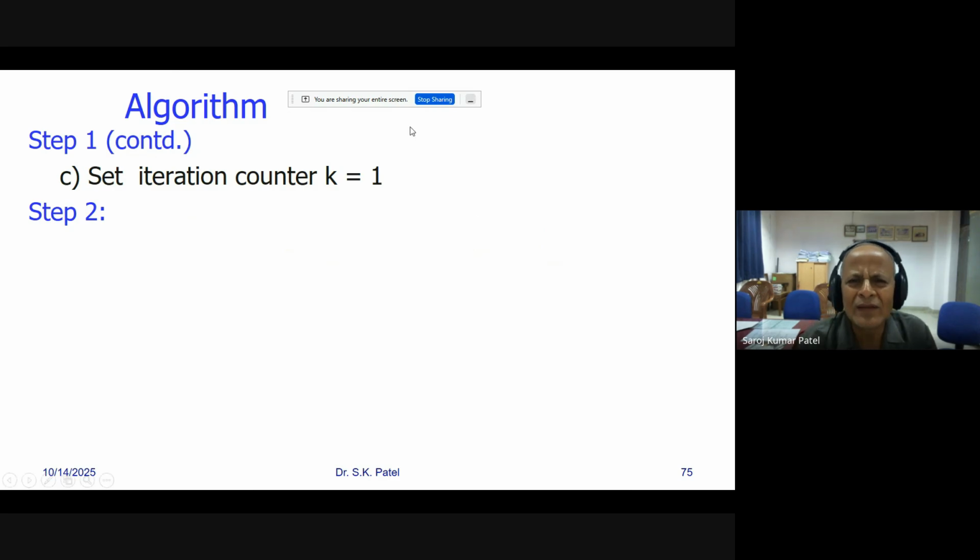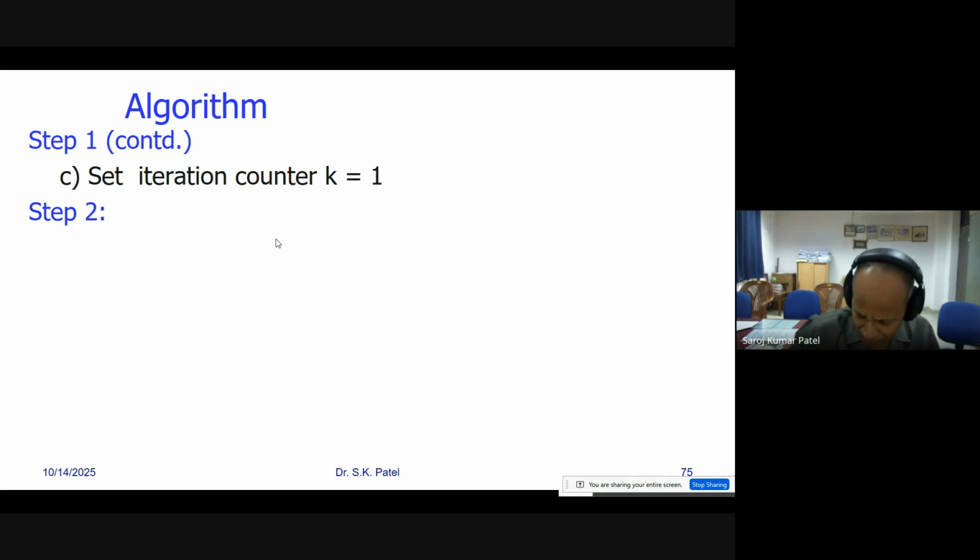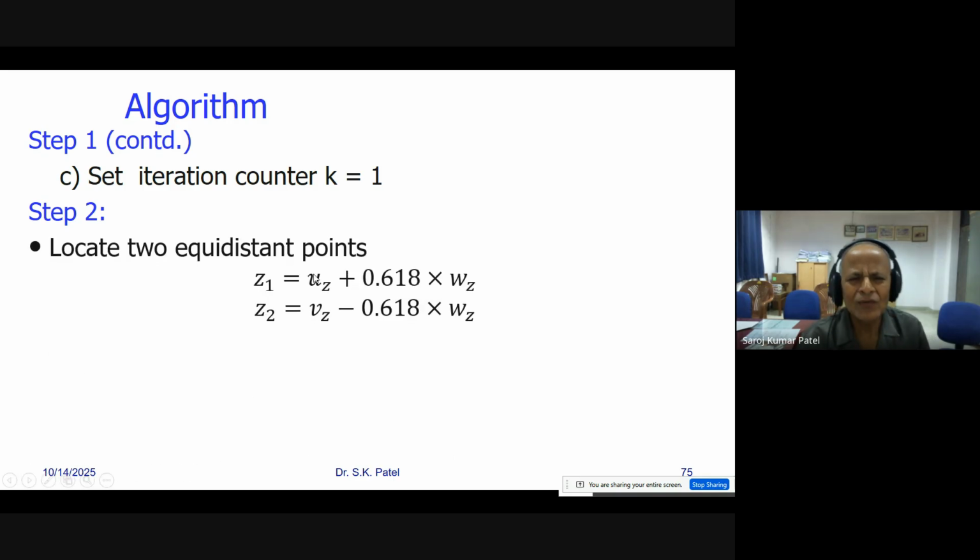Then initialize the iteration counter k is equal to 1. Then we select two intermediate points, Z1 and Z2, equidistant from the lower bound uz and upper bound vz. So Z1 is uz plus 0.618 times the width of z, that is wz. wz is the current width, right?